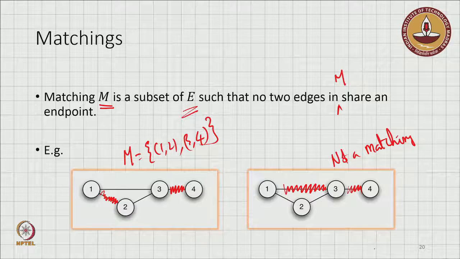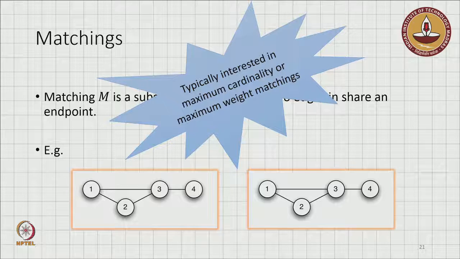Okay, and typically we are interested in either maximum cardinality of the matching, so you want matchings that are of large cardinality, or in the weighted setting, maximum weight matching.